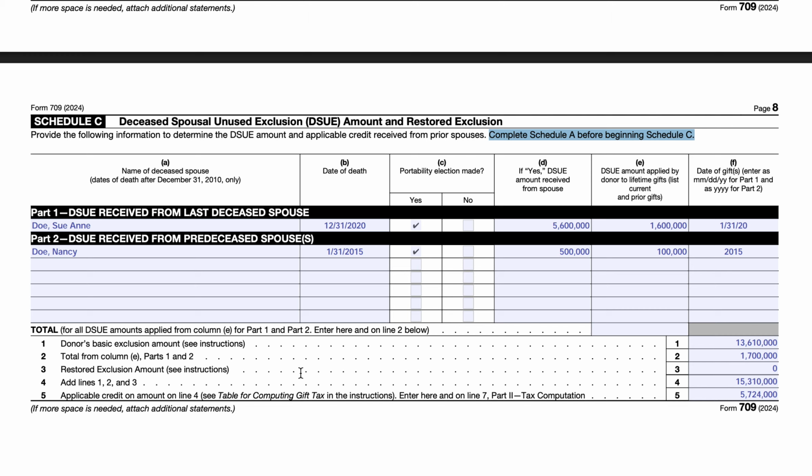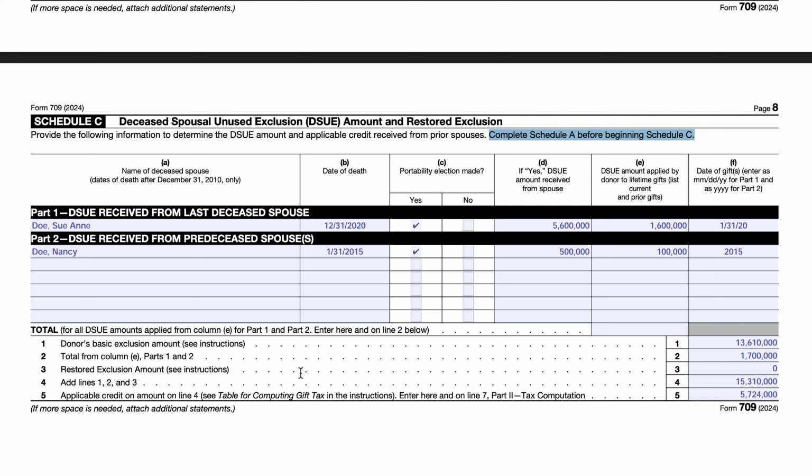And then the restored exclusion amount is kind of like the deceased spousal unused exclusion, except it's specifically for same-sex marriages that were originally not recognized when the law authorizing deceased spousal unused exclusions was passed. But a few years later, a landmark Supreme Court case overturned the existing federal marriage law and recognized same-sex couples as having equal rights to married couples.